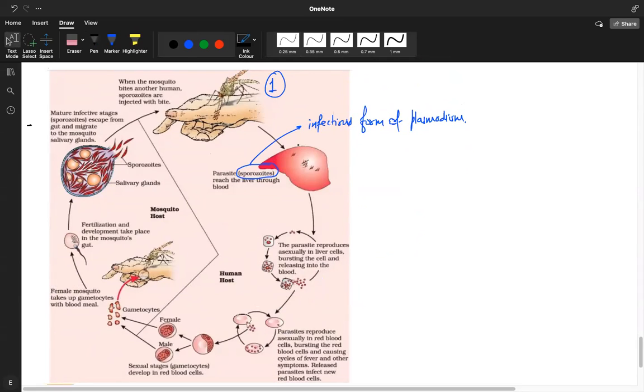From liver cells, the parasites reproduce asexually, and the liver cells burst, and it again enters the blood. Do you understand that to reproduce, which means to make more copies, the parasite enters through blood, but it first reaches the liver. So write down the first organ where it replicates and increases its number is the liver.